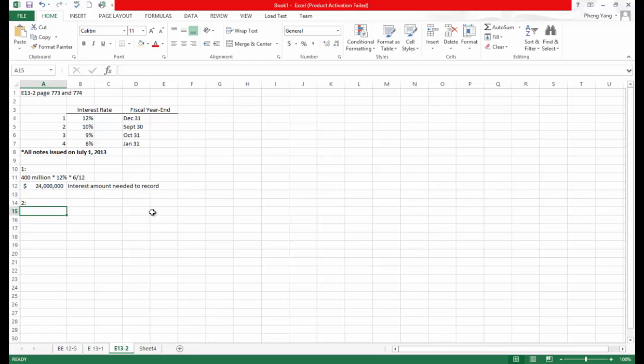For 2, once again, 400 million. And this is at a 10% rate. And the fiscal year end is September 30th. So from July 1st to September 30th, that should be 3 months. Okay.